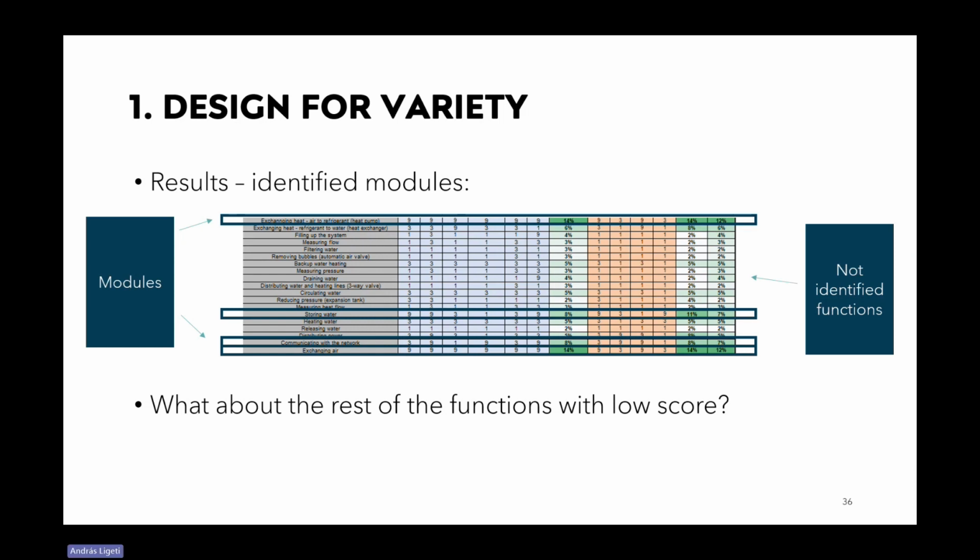But actually, we had some doubts about that. So we left it as an open question to ourselves, if we should cluster these components into a module, or should we leave them separate, or should we cluster them into more than one module. This is something that we realized later in the product design. But these were the four modules that this tool recommended to us.